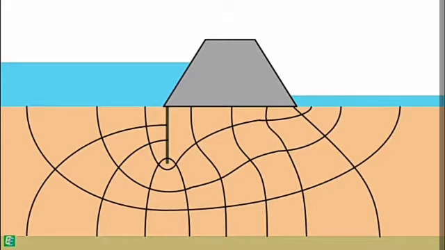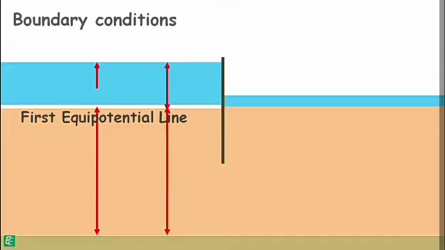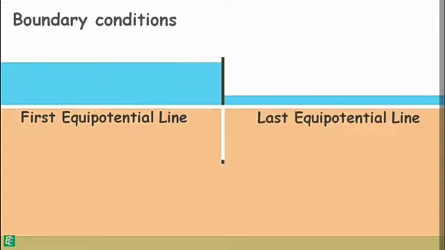The first boundary condition is the upstream surface, from where the flow starts. It is the first equipotential line of our flow net, and at every point of this line the total head is the same. The second boundary condition is the downstream surface, the last equipotential line of the flow net. The third boundary condition is the sheet pile.